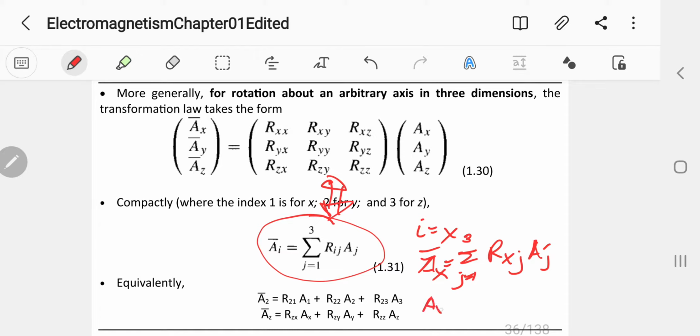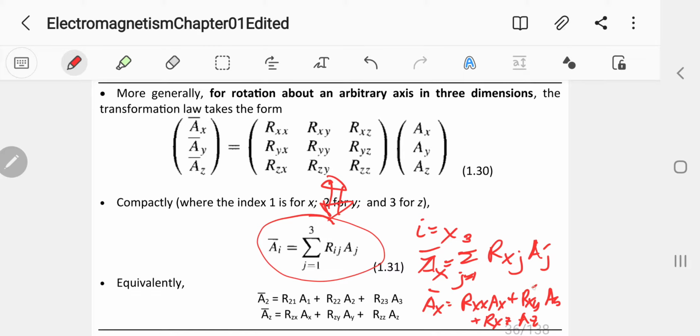So this is your a_x bar equal to r_xx a_x plus r_xy a_y plus r_xz a_z.